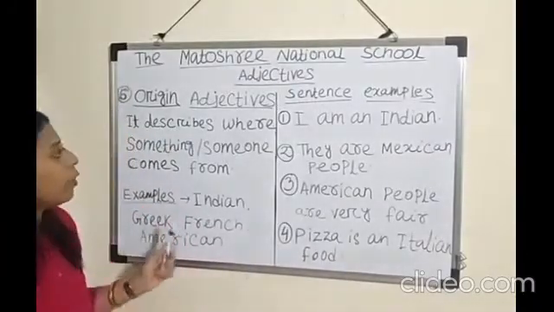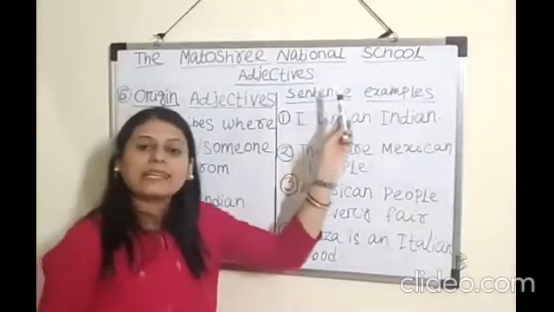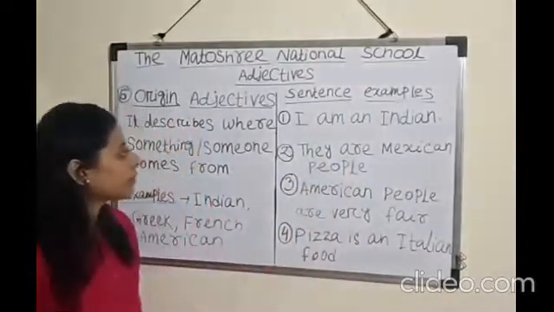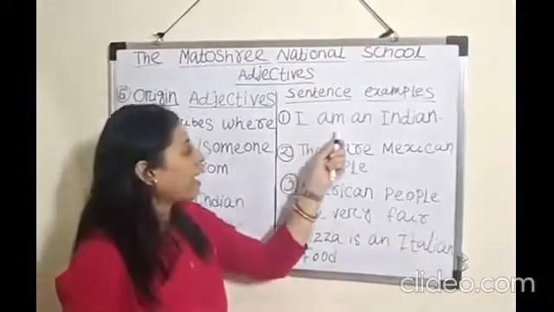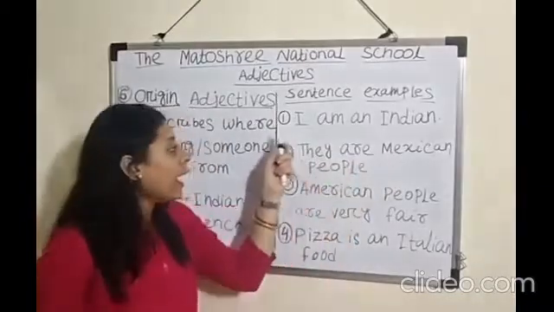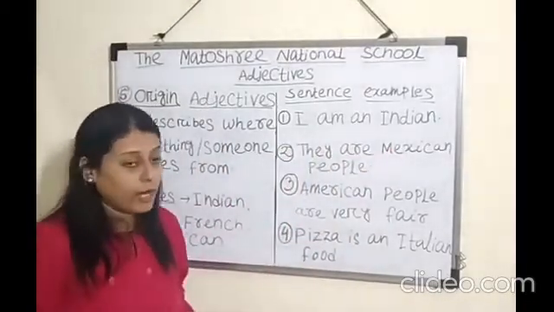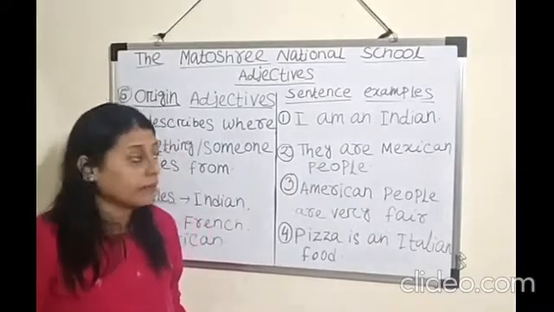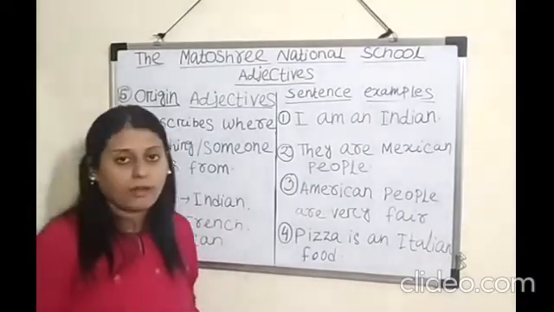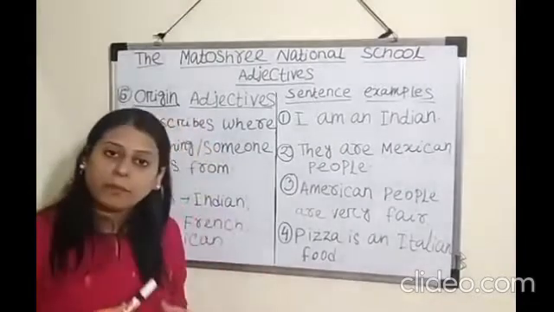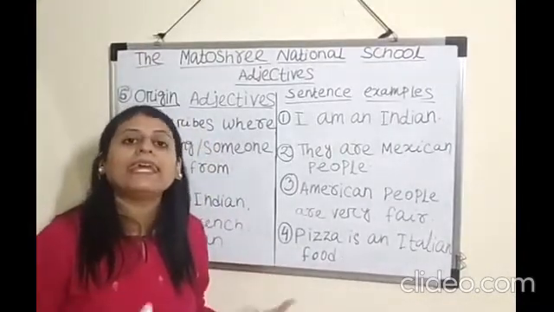Now let's see some sentence examples. First is, I am an Indian. If anybody asks me where I am from, I will tell him that I am from India. So I am an Indian.